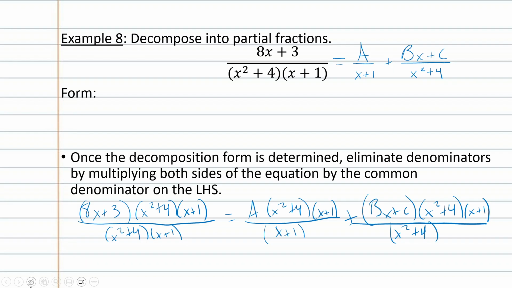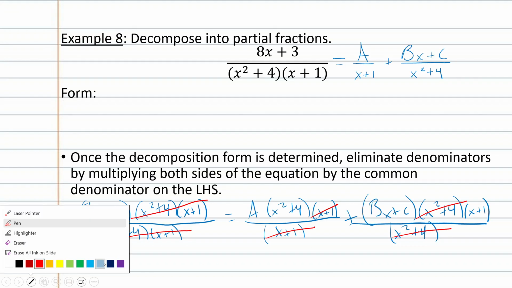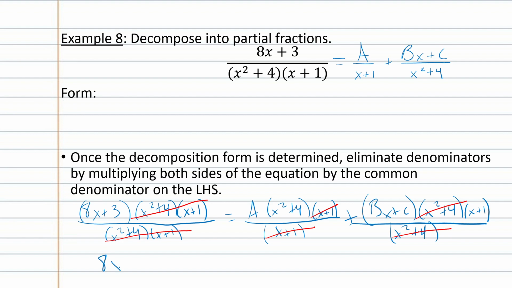Alright, now, what that's going to allow for, as always, is a lot of cancellations. So the x plus 1 cancels on the A, and the x squared plus 4 cancels on the Bx plus C, so that we get a semi-simplification here, where we have 8x plus 3 equals A times x squared plus 4 plus Bx plus C times x plus 1.